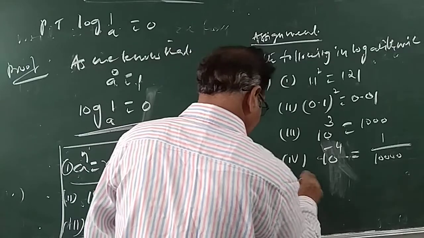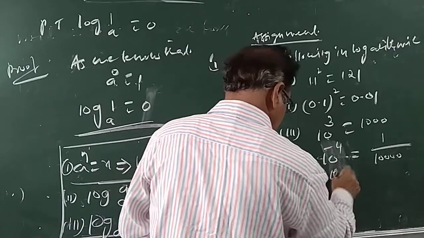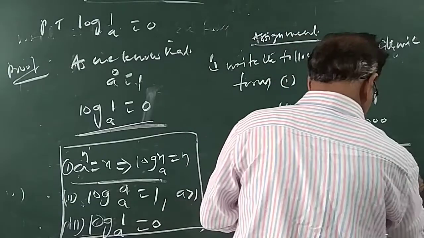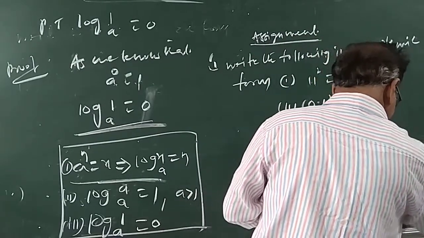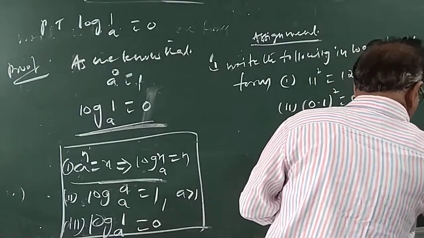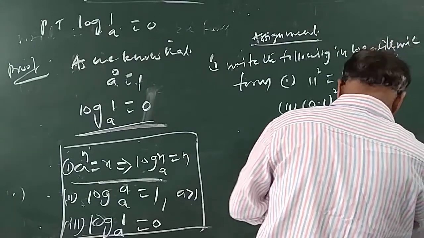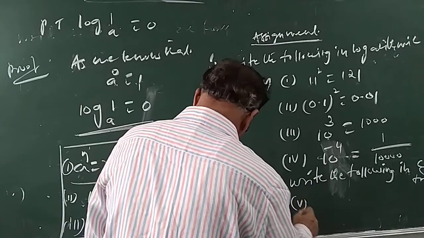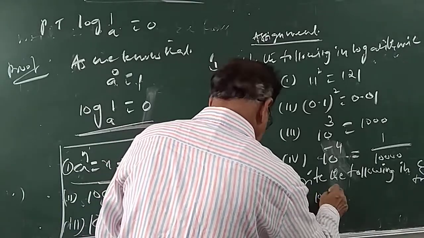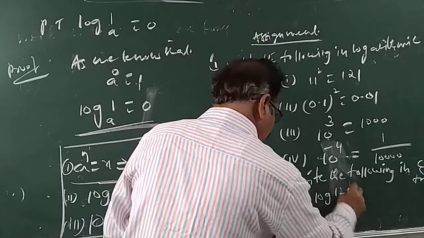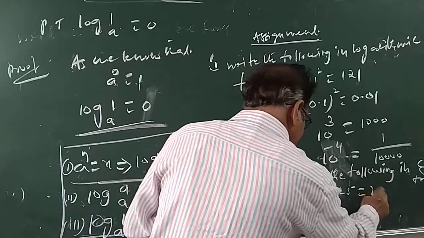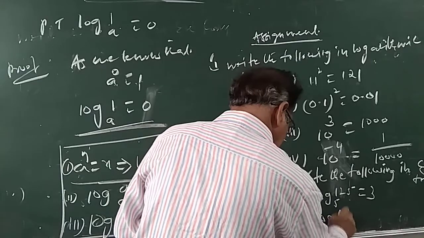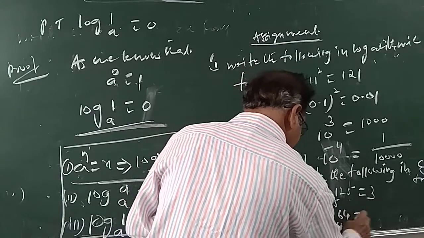Second, write the following in exponential form. Log 125 base 5 is equal to 3. Log 64 base 4 is equal to 3.